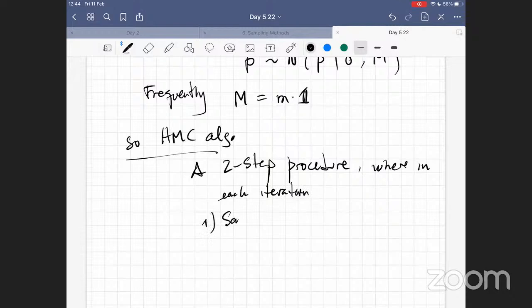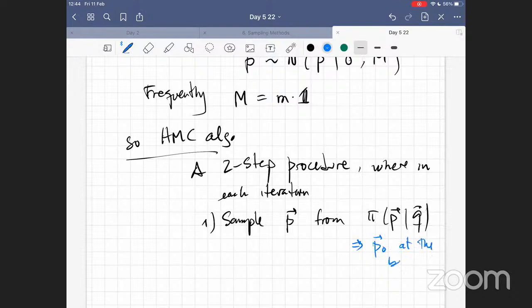You sample P from your conditional, and this is giving you, let's say, at the very beginning, P0.